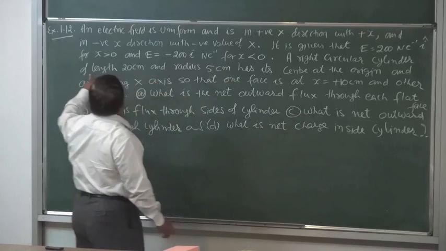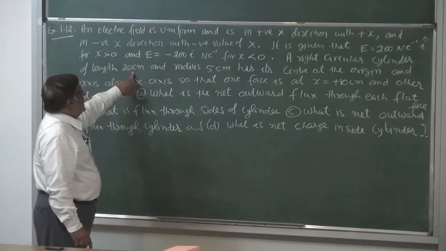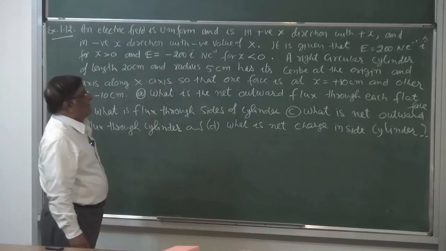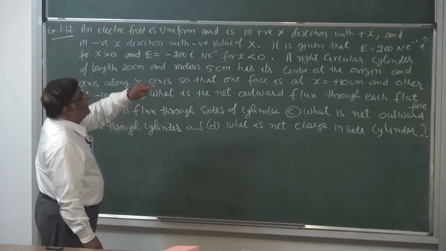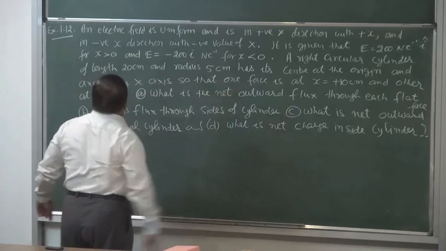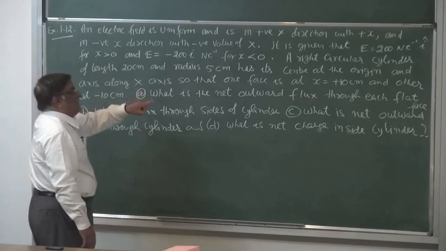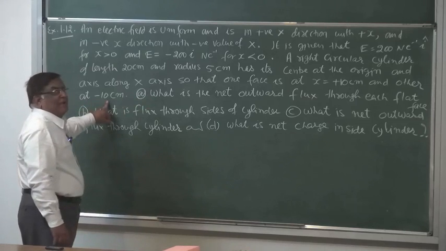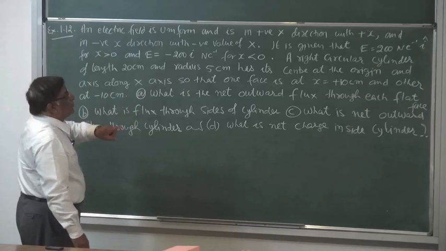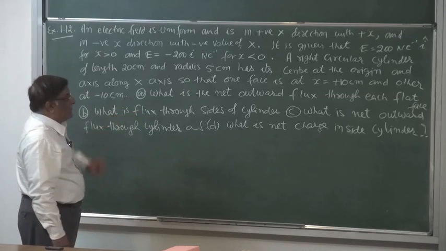Now a right circular cylinder is placed which has length 20 centimeter and radius 5 centimeter. This is placed along the x line. Its center is at the origin and its axis is along the x-axis. One face is at 10 centimeter, the other face at -10 centimeter. What is the net outward flux through each flat face? What is the flux through the sides of the cylinder?